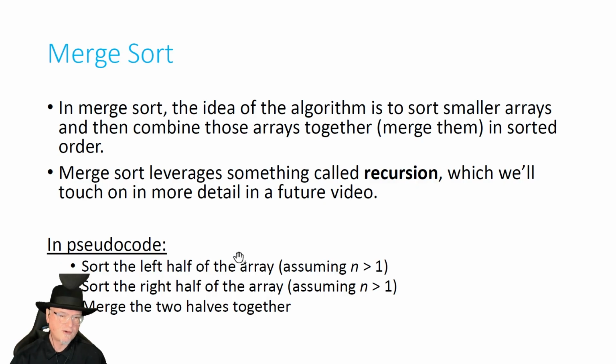So in pseudocode, we're going to start with an array, and we're going to sort the left half of the array, assuming that there's more than one element in the array. We're going to then sort the right half of the array, assuming there's more than one element, and then we're going to merge the two halves together, okay? And we're going to do that iteratively for an array.